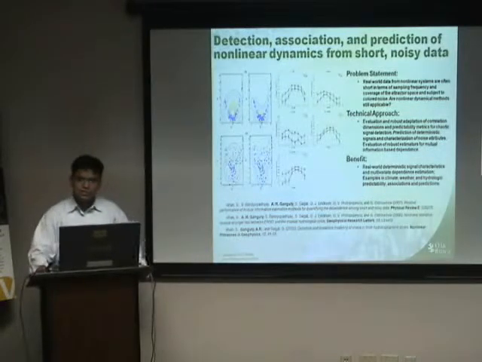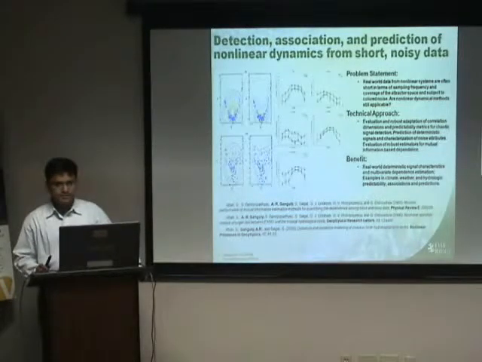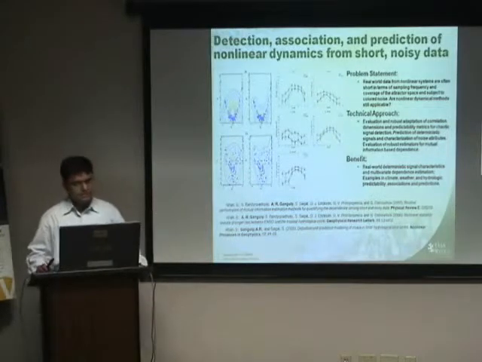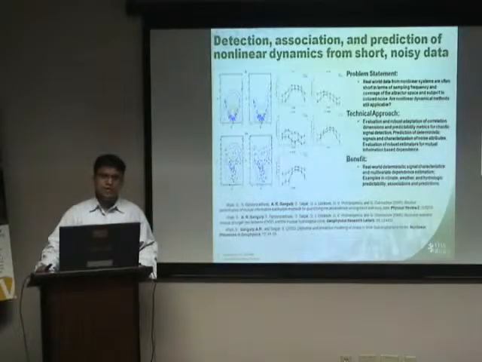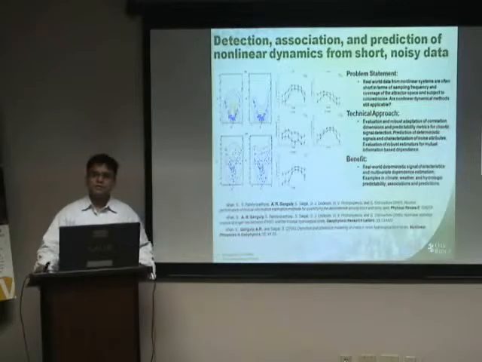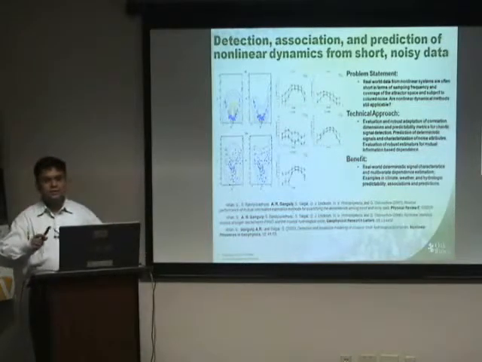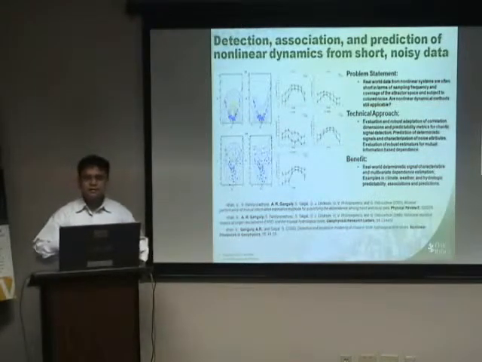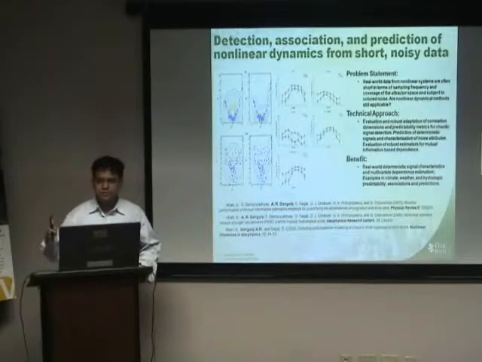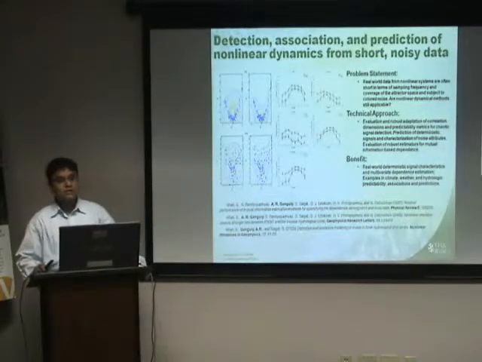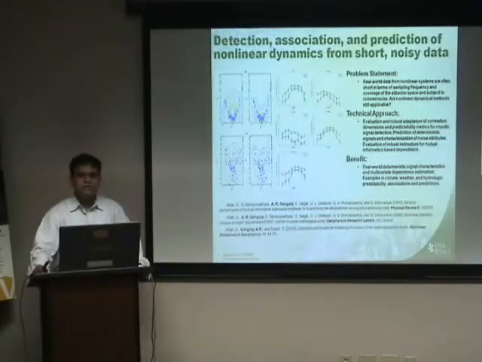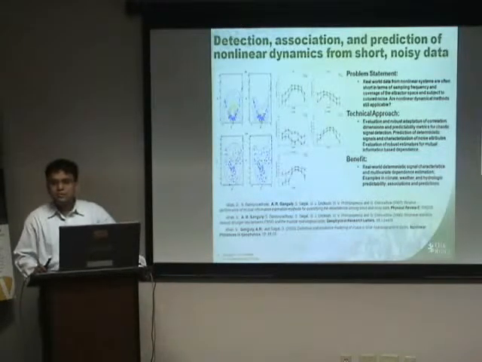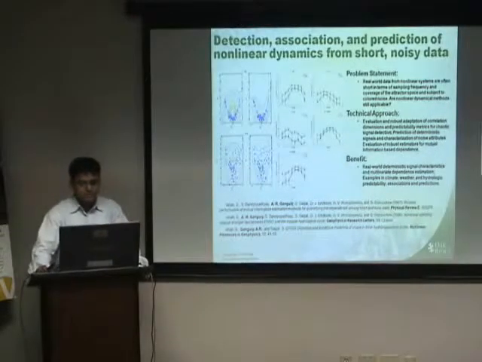So we have sometimes short data, and short in this context means short compared to what you need, short in terms of something that spans the nonlinear dynamical attractor with enough sampling frequency. So a lot of the data sets that we have are short and potentially noisy, and this noise may not usually be white noise in these situations.